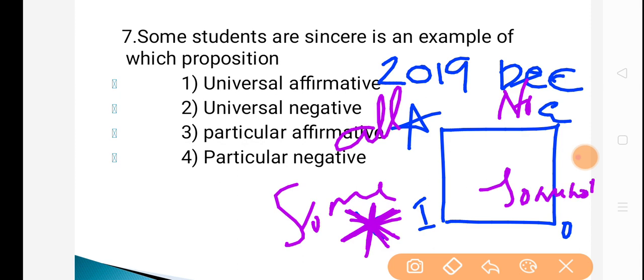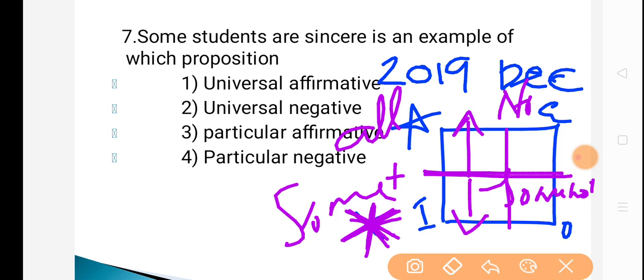You also know that above the line is the universal proposition and below the line is the particular proposition. And one more thing, this side is the positive statement and this side is the negative statement.